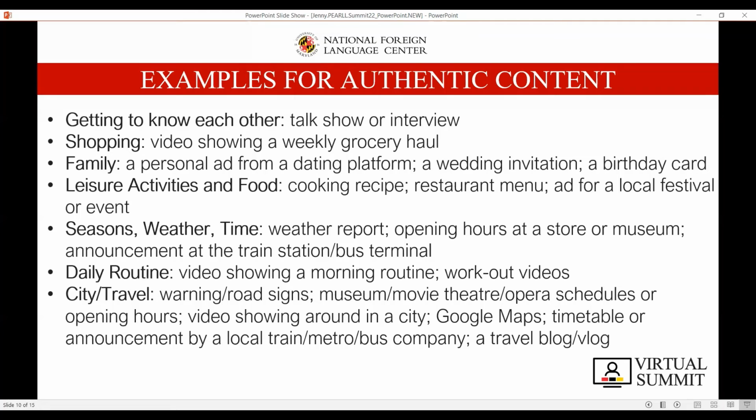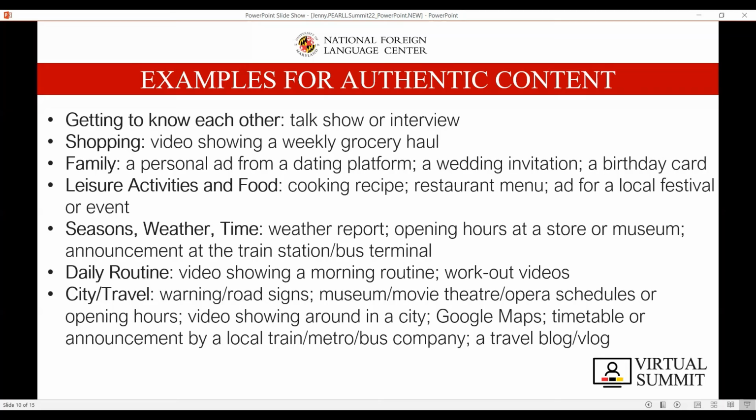So you could use an authentic weather report, could be an audio or video, or a reading text even. They exist in all modalities. Also a restaurant menu, as said before, a video of a park, an ad for a local festival, an introduction of a popular sport that is typical for the target culture, etc.